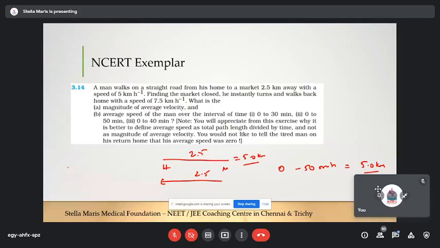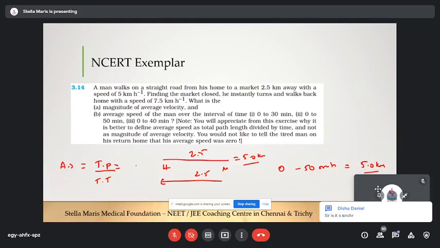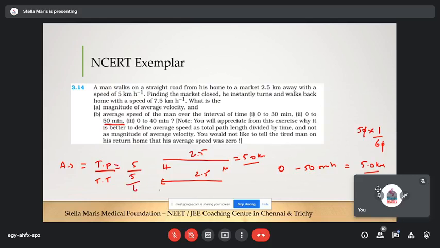So the average speed is equal to total path length divided by total time taken. Total path length is 5 kilometer. Total time taken is 50 minutes. So how can we write 50 minutes in hours? 50 into 1 by 60, so 5 by 6.